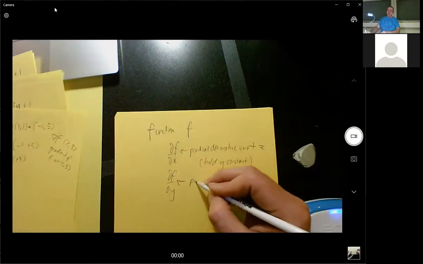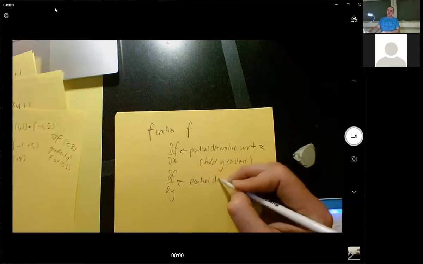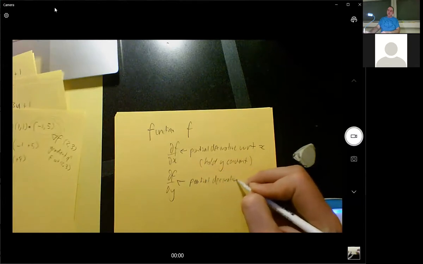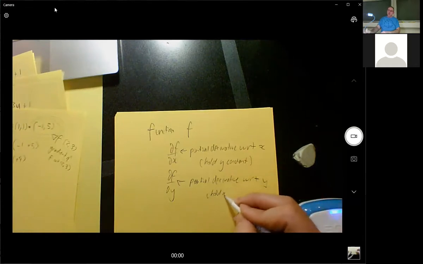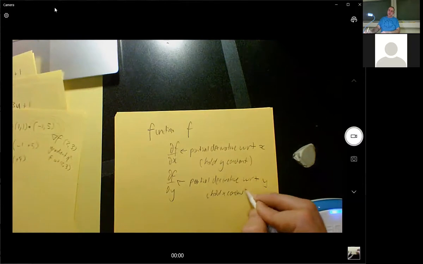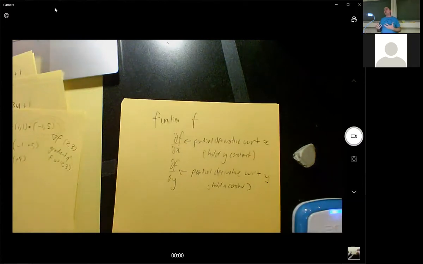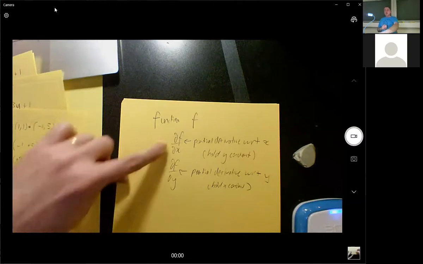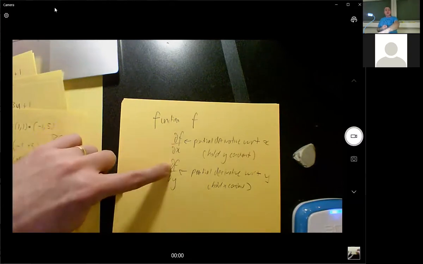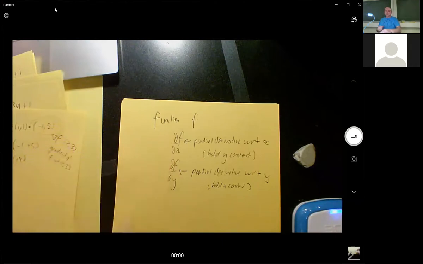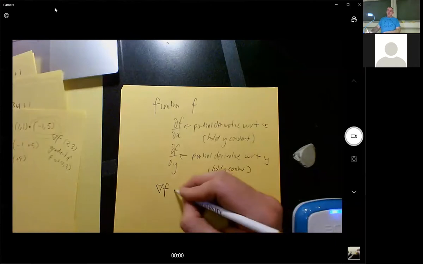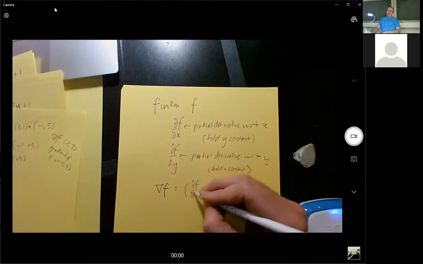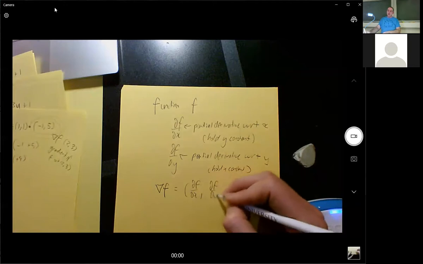That's the partial derivative with respect to y, which means we hold x constant. And those two are already a kind of directional derivative. They are the directional derivative in the direction of 1, 0, and the directional derivative in the direction of 0, 1. And then there's the gradient of f, which is a vector that contains df on dx in the first coordinate and df on dy in the second coordinate.